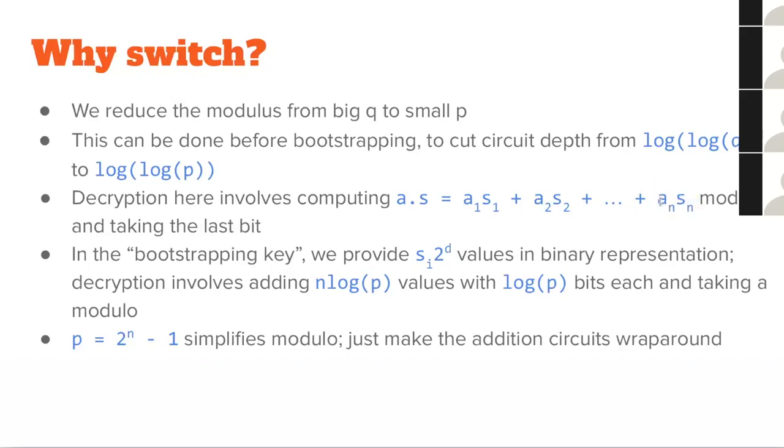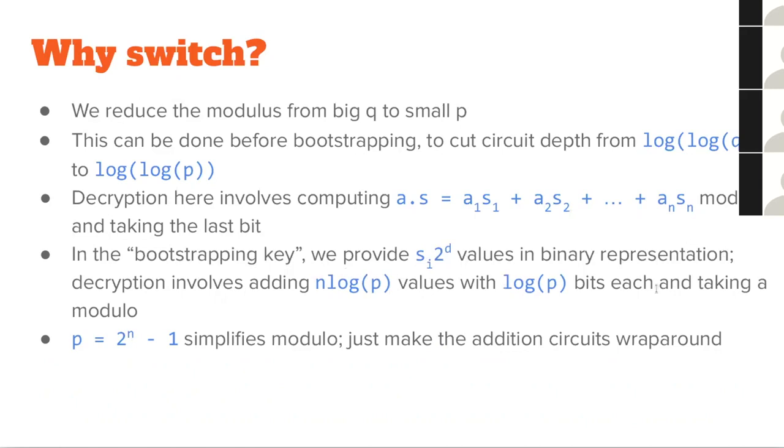For every one of these terms, you have your Sn. To compute Sn, you take every one bit that's in An, because you have An in the clear, and multiply it by the corresponding bit representation of the power of Sn, and so you have a bunch of these numbers. These are numbers in binary representation, so they're not a single ciphertext, they're log p ciphertexts. And then you just add a whole bunch of these numbers together.